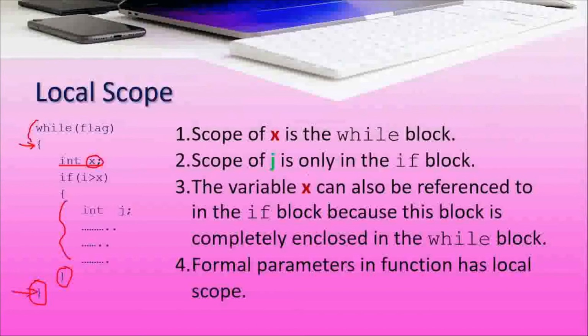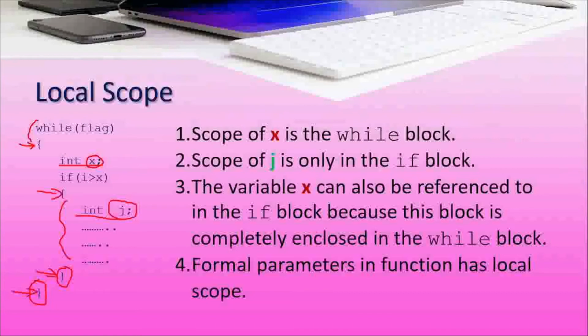Then the scope of j is only in the if block. The variable j is declared within the if block. The if block starts from here and it ends here. So j is defined within this particular block, and j is available only within it.